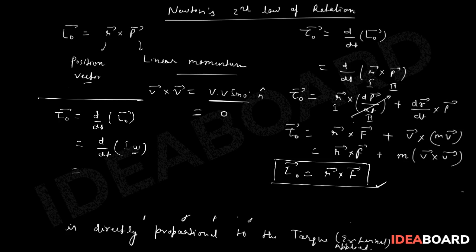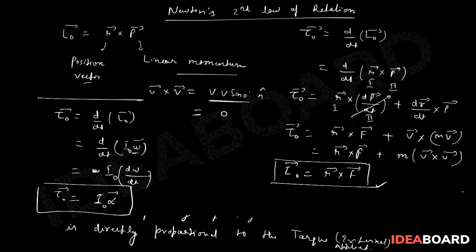You know that if I is constant, because moment of inertia doesn't change, so this will be I into d omega by dt, and this will become I into alpha. Of course this I is I_O about that point, so torque is I into alpha. Okay, so here this alpha is the angular acceleration which is given by d omega by dt.